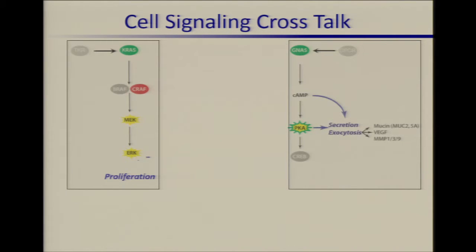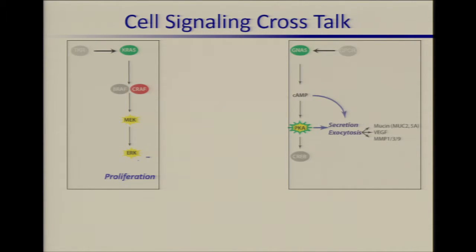GNAS, interestingly, has also been studied, but not necessarily in the context of cancer. GNAS is part of a cascade that's called the cyclic AMP PKA cascade, and that's involved in secretion and exocytosis. So no wonder that these cancers that activate GNAS secrete a lot of mucin, for example.